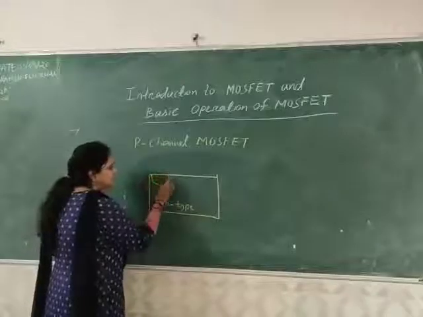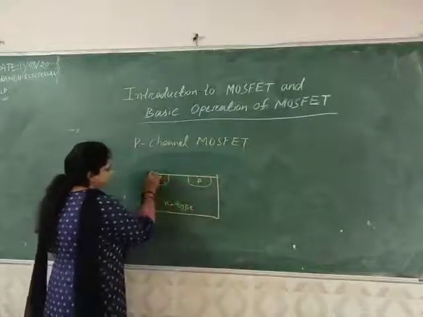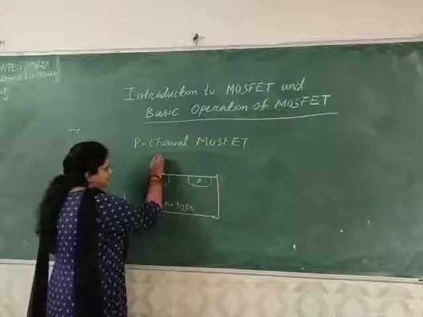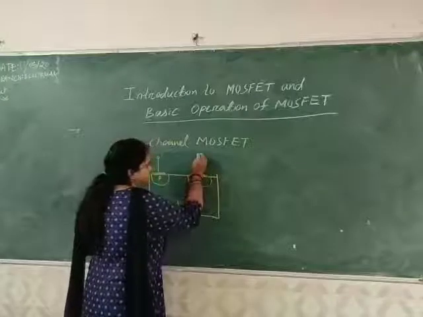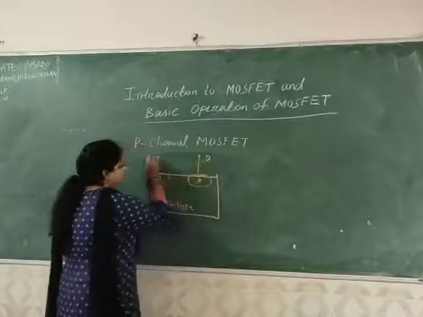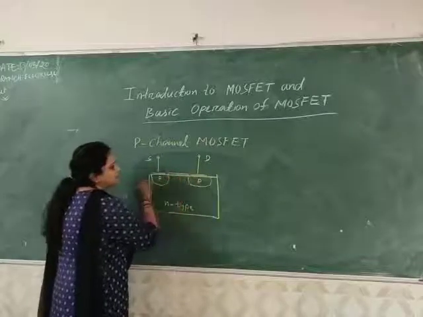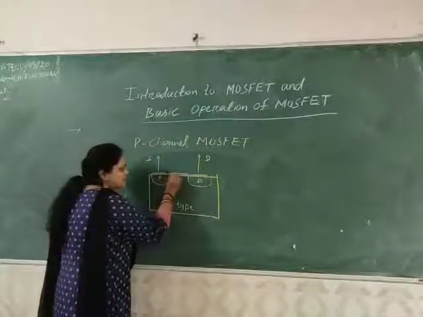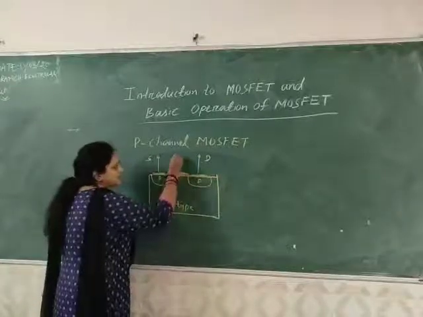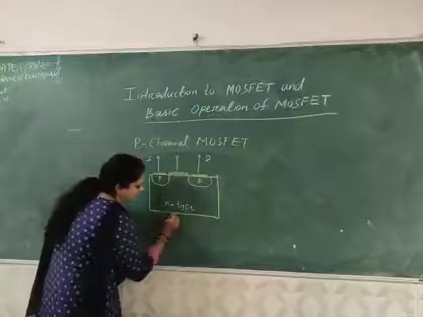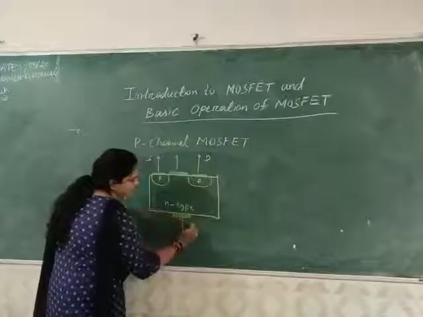Here two P wells are formed. One acts as source, another one acts as drain. And similarly, like in N channel MOSFET, first an oxide layer is formed. On that oxide layer the gate terminal is formed, and below here a body terminal is formed.